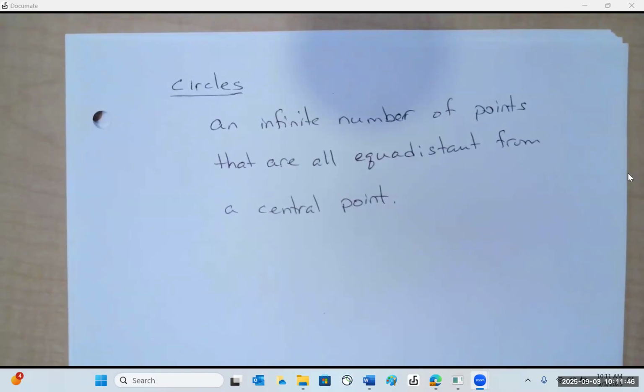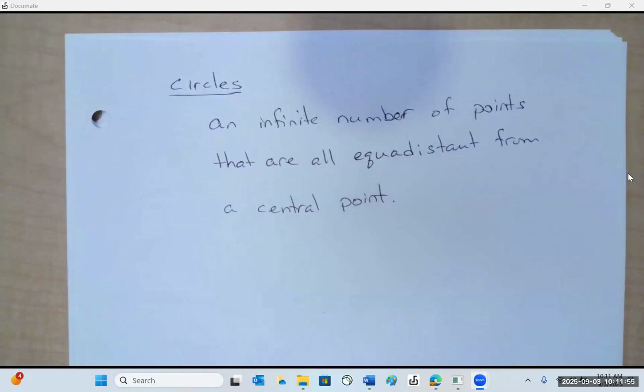A circle has to have three parts. It has to have a center. It has to have a radius. And it has to have points on the circle. That's what this definition just defines.